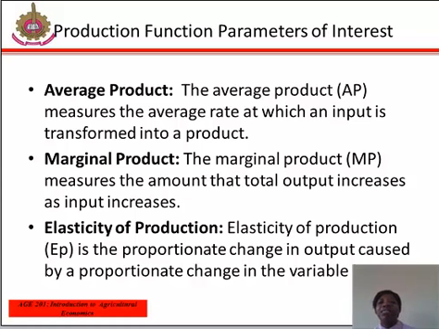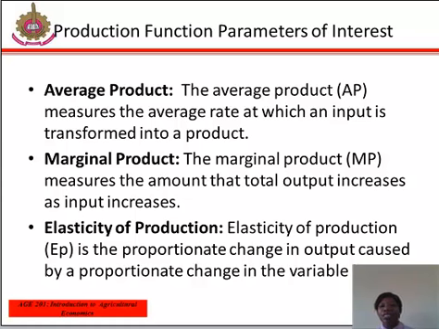The marginal product, MP, measures the amount that total output increases as input increases. It is the change in output resulting from a unit change in the variable input. The MP is the slope of the production function curve. So the marginal product is derived from the production function as the first derivative of the production function.